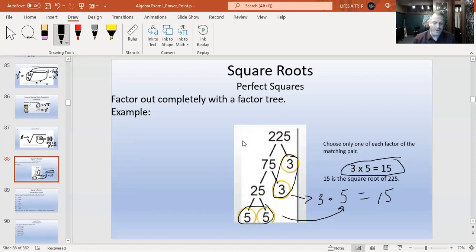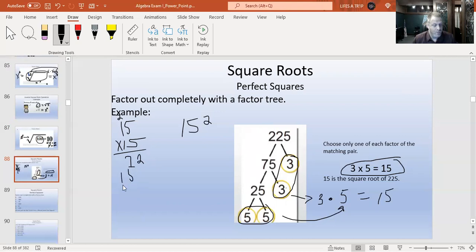Let's find out. Well, 15 times 15, otherwise known as 15 to the second power. Will it work? Let's find out.